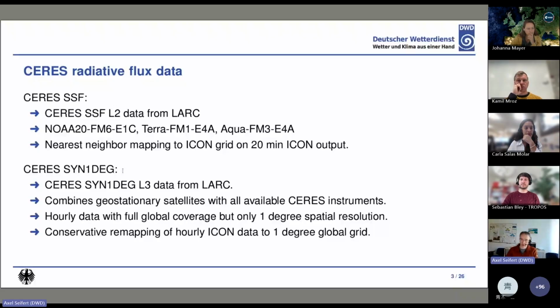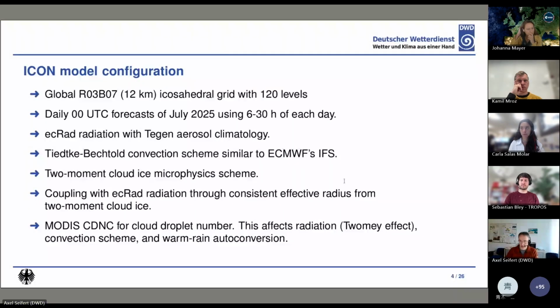And in addition, we also use a level 3 data from CERES, that's the SYN1deg, which includes data from geostationary satellites, but has the advantage that we get full global coverage and at the same time hourly data with the full diurnal cycle. On the other hand, it's only 1 degree, but it's a very useful data set as well.